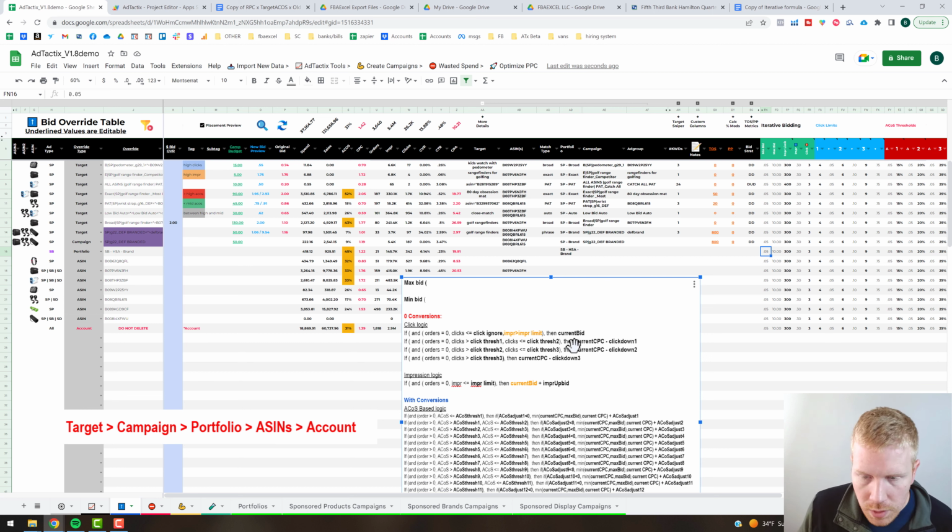So each target within these groups is getting optimized based on its specific parameters, not the parameters of the campaign. So hopefully that makes sense.